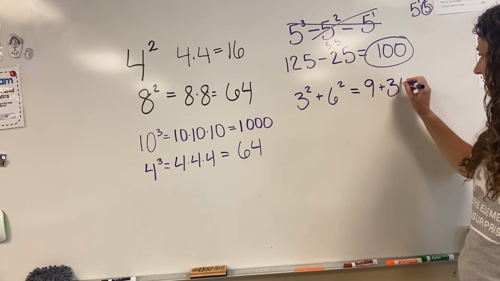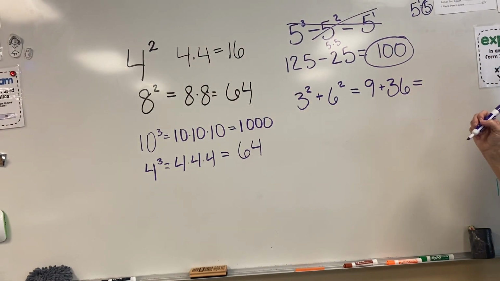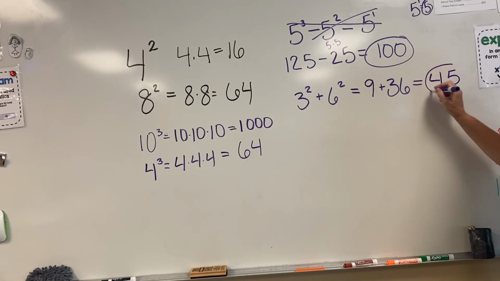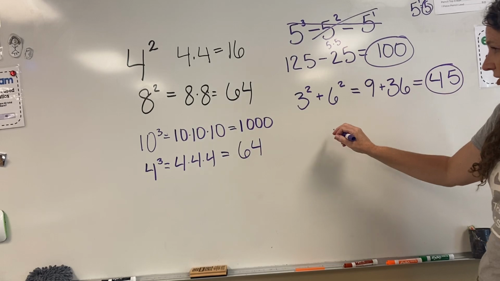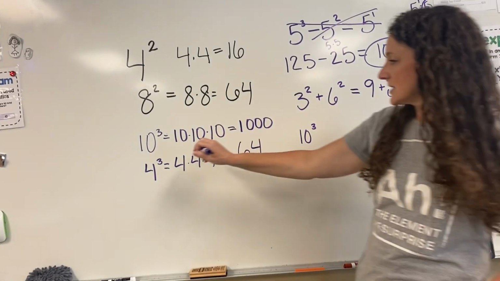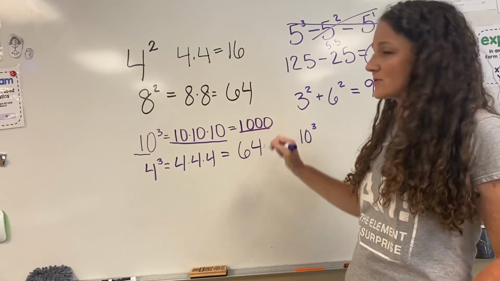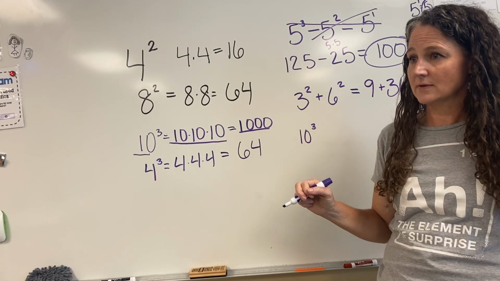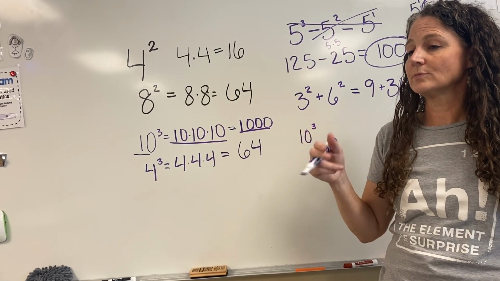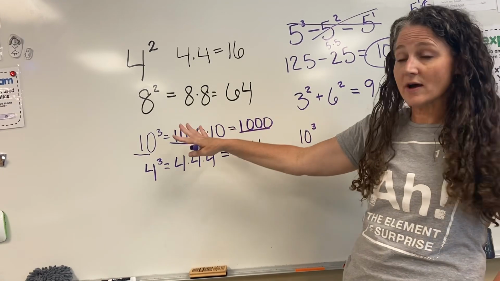What's 9 plus 36? 45. So on these, it really helps to do it in stages. On your chart, you're going to write it out like we have 10 to the third power, which is 10 times 10 times 10, which is 1,000. You're going to fill in the blanks on what you need. Flip it over and look at the chart. Whatever's missing, you have to fill in.